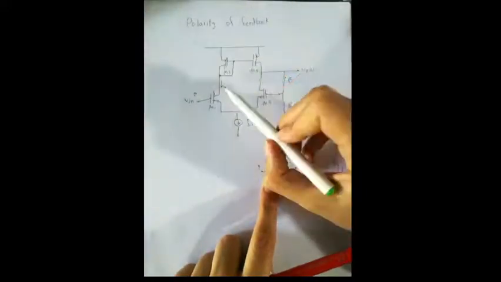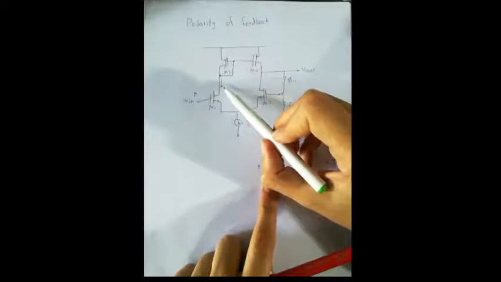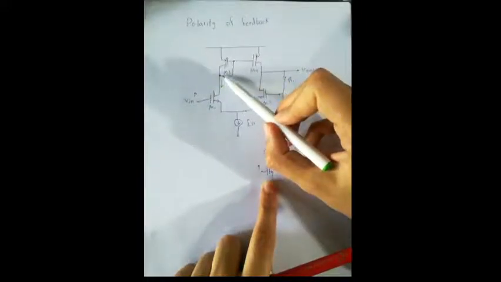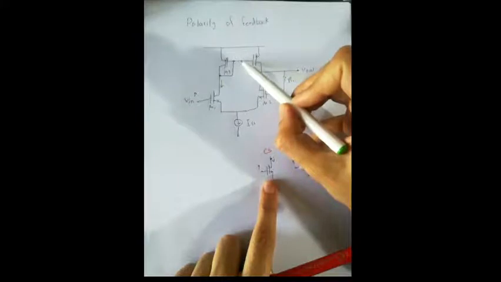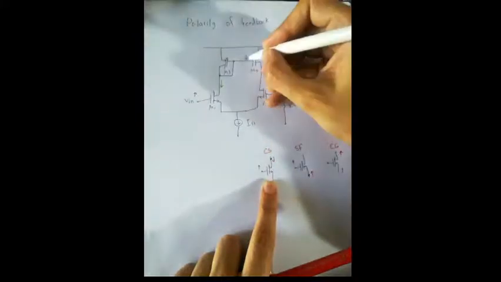Okay, so this node we expect to go down. Now this node is similar to this node here, and similar to any point here. So now this node has gone down. What do we expect to see at this point here?